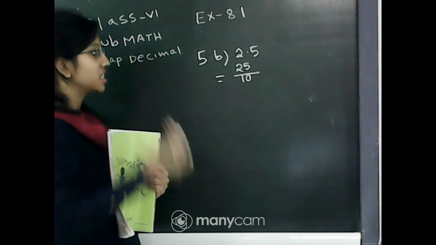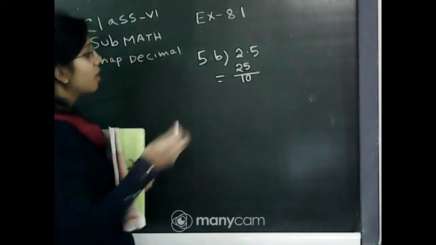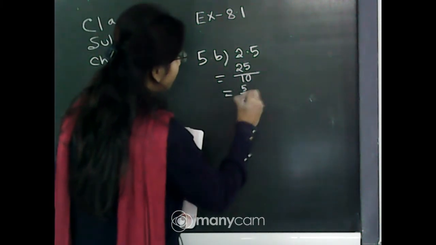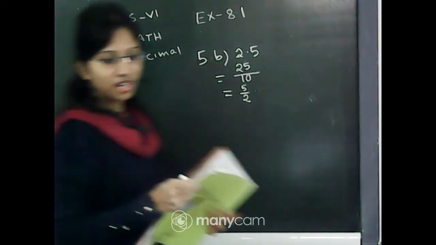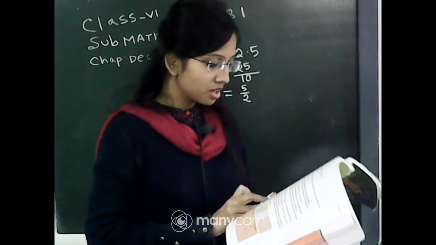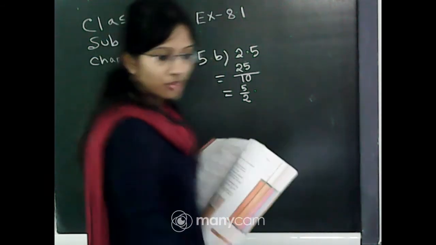Therefore, to get the simplest form, we divide both the numerator and the denominator by 5, and we get 5 by 2. Therefore, the simplest form is 5 by 2. Okay. Next question 5e.